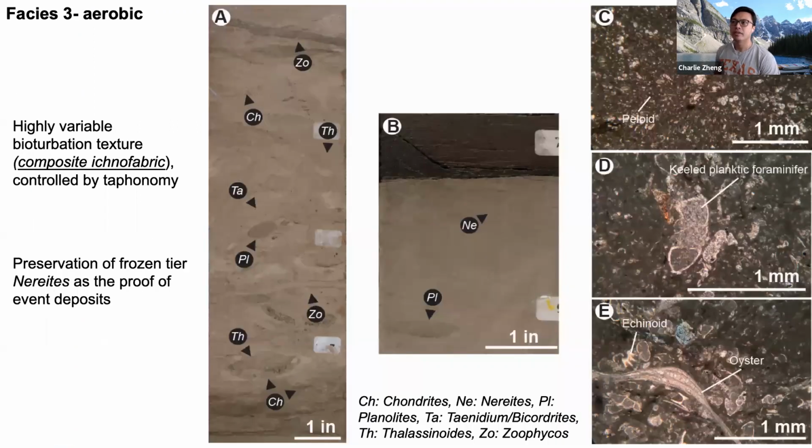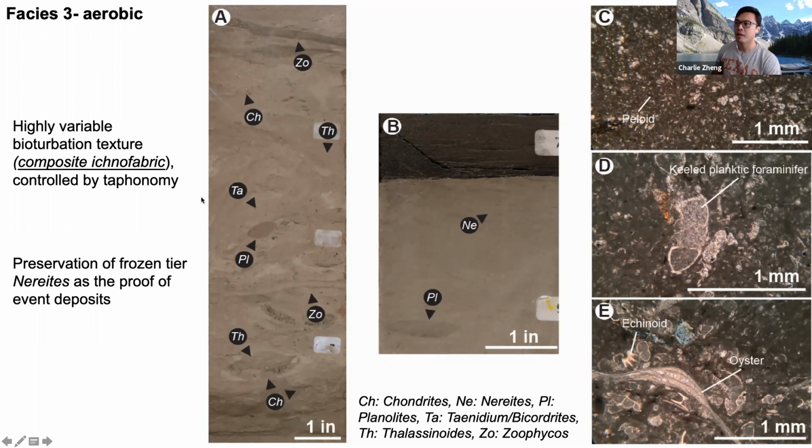So the aerobic sediment is composed of really highly variable bioturbation texture, which I call the ichnofabric, with a highly diverse fauna. And these cross-cutting relationships result from the gradual sea level aggradation and then the deeper tier. I'm going to cover the tiering concept a little bit later, but the deeper tier will cross through the shallow tier gradually through time.